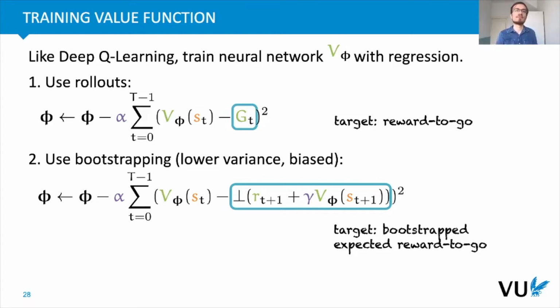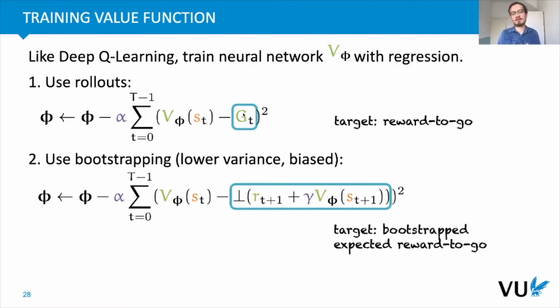So, for example, you sample the trajectory, you get a reward to go, and as the value function is the expected reward to go, you can just regress your value function to the actual samples that you got when executing your policy.